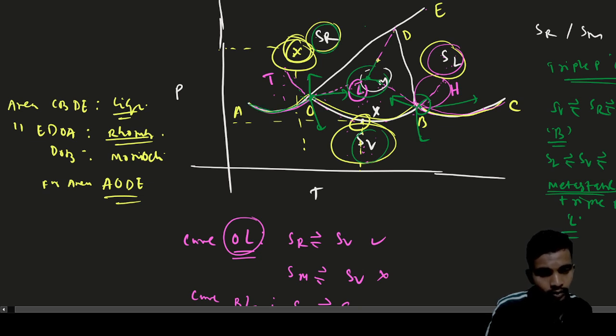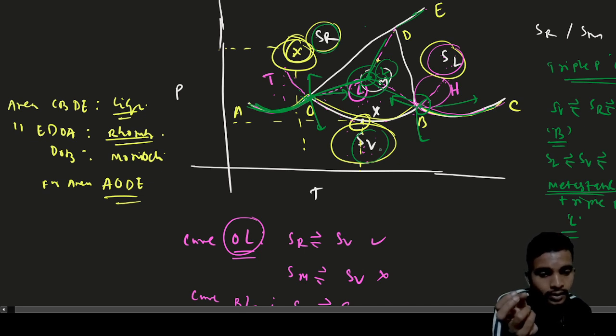One curve comes because of this, and this curve comes because of this, and this curve comes because of this. So this point L comes from here, and this curve comes because of this.